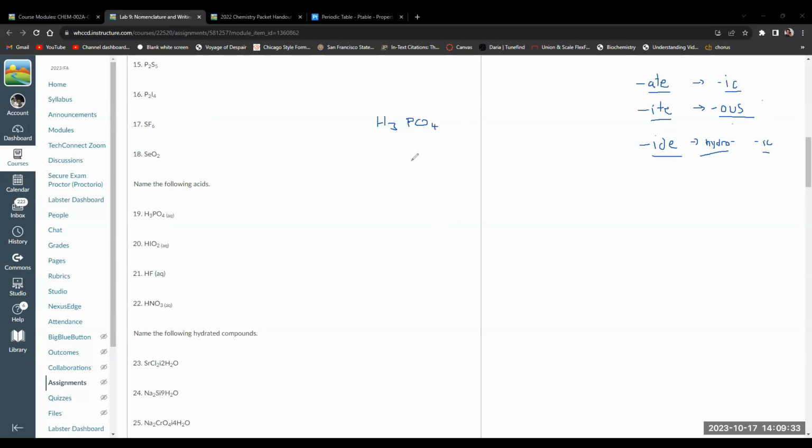So let's name this one, number 19. So again, acid. The hydrogen's an indication that we're working with an acid here. And this PO4 is a polyatomic.